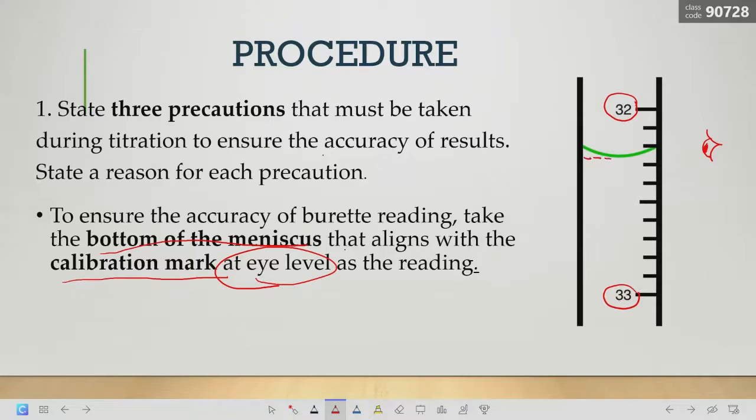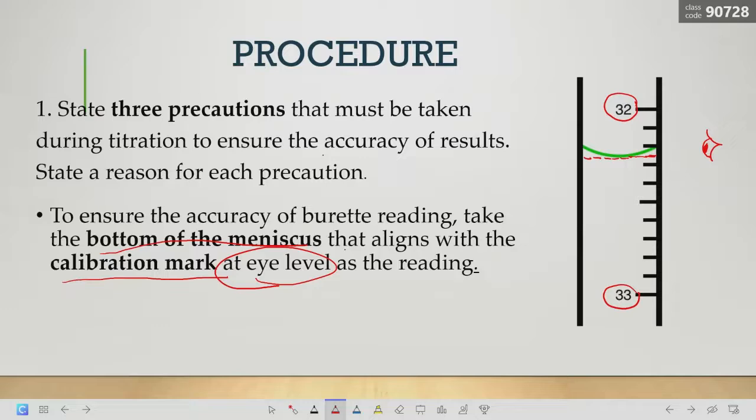The meniscus is a mass from here, until here you can see is a half. So when you baca this reading from the burette, kita akan baca daripada atas. From the top, it's not from the bottom. This is given for you.